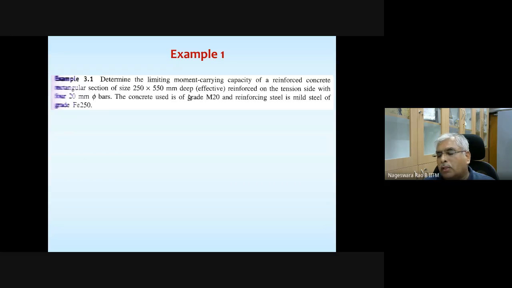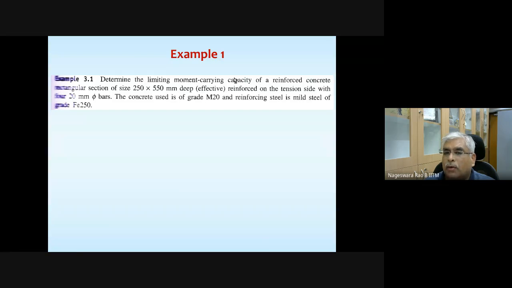Once you equate them, you can calculate W, the UDL, uniformly distributed load over the beam, and that UDL is going to be the total uniformly distributed load.